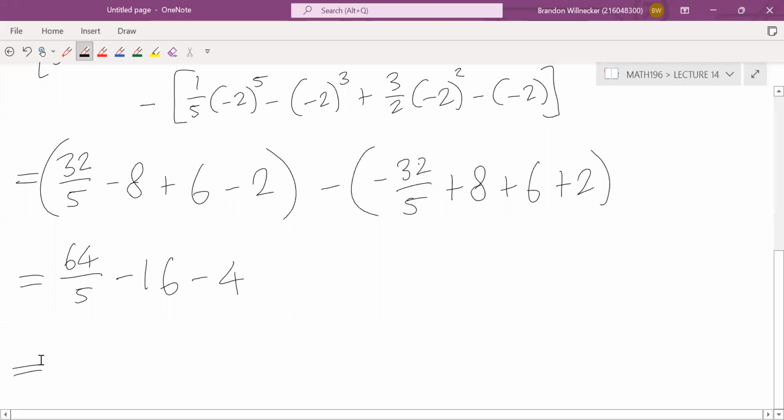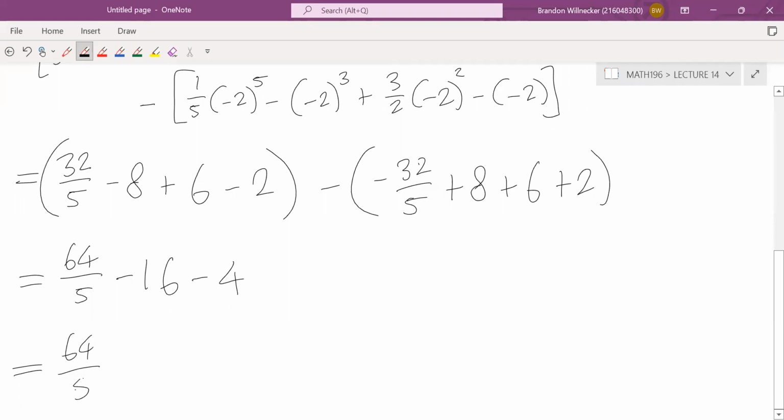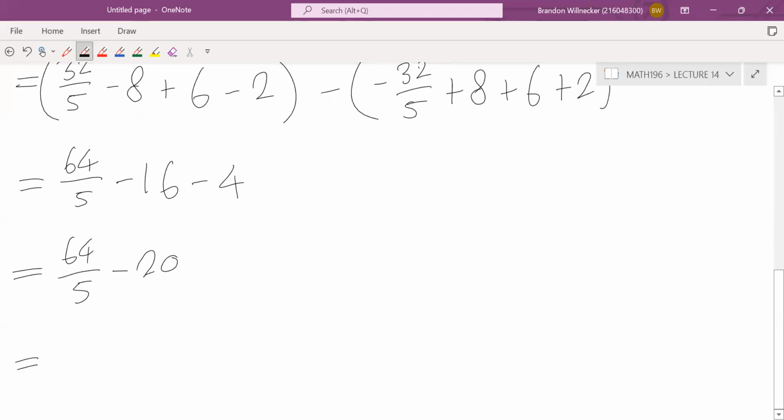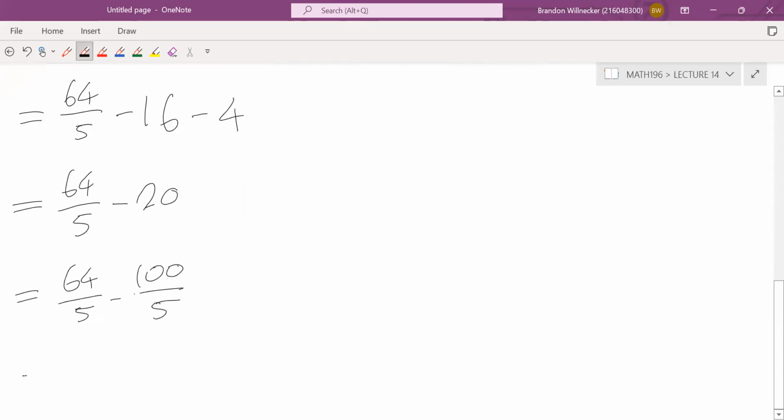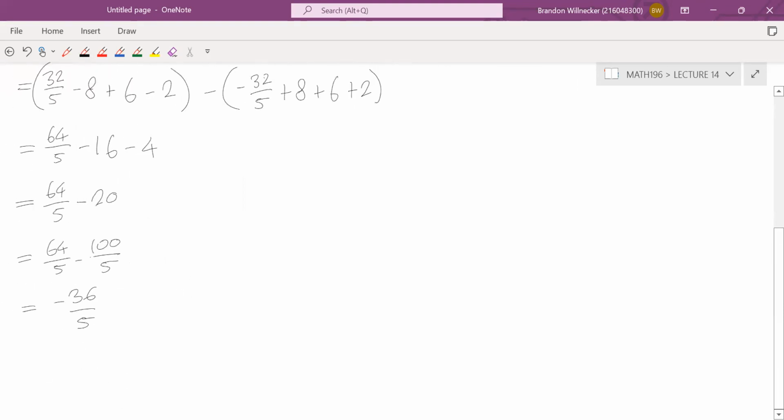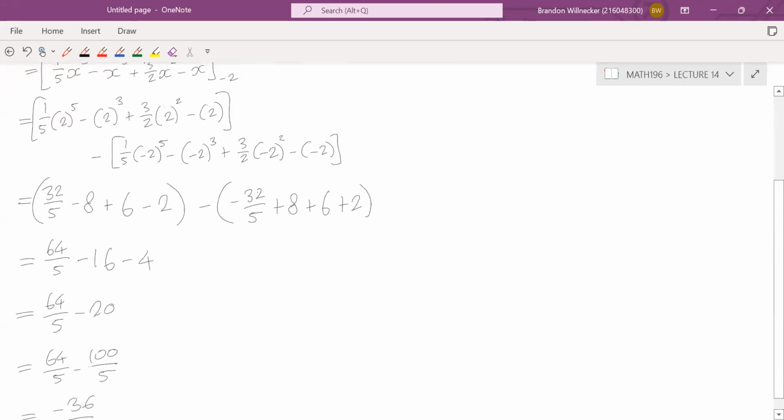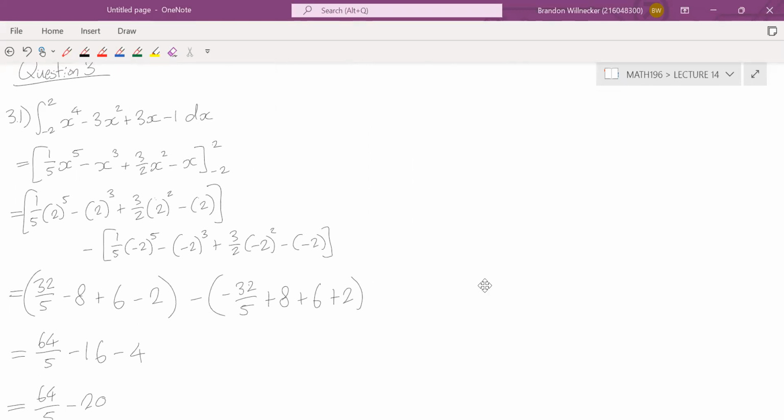Okay, so we're going to get 64 over 5 minus 20. Or we can write this as 64 over 5 minus 100 over 5. So we're going to end up with minus 36 over 5. Okay, any questions on this one?